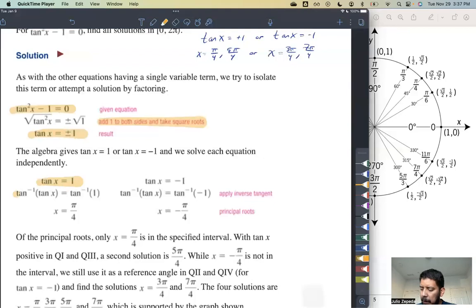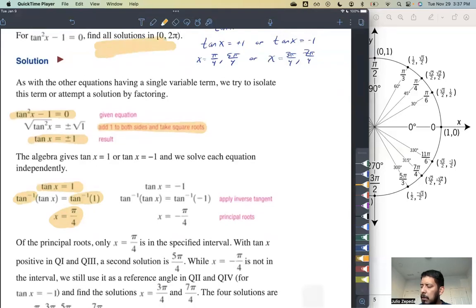They apply the inverse tangent function to both sides. And then they say, okay, well, what's the inverse tangent of 1? What angle has a tangent of 1? And that's basically what we did. That's pi/4. Now, since we are asked for all solutions from 0 to 2 pi, we can keep searching the unit circle.